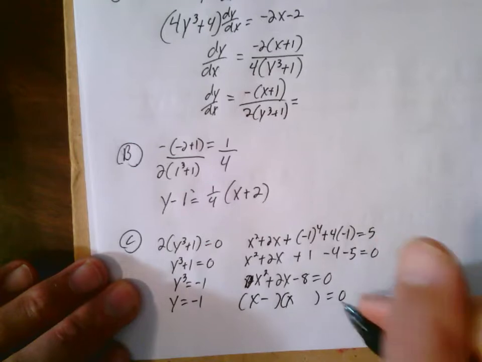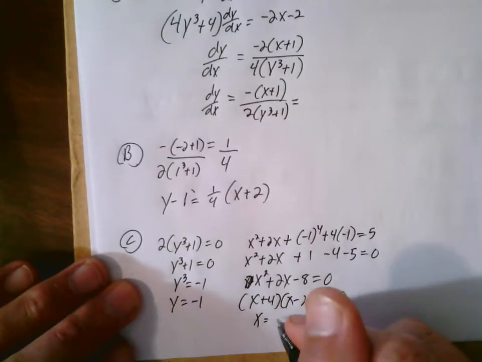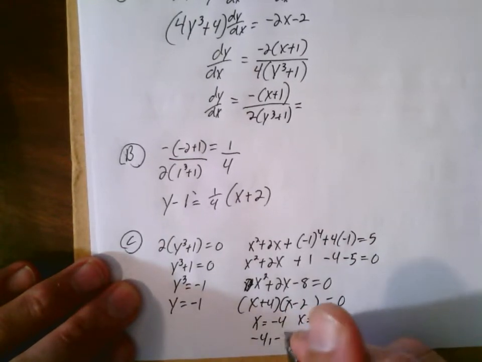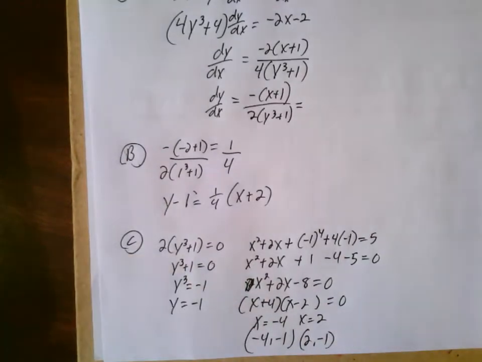This factors into x plus 4 times x minus 2, so x must be equal to negative 4 and x must be equal to positive 2. Negative 4, negative 1 is one coordinate, 2, negative 1 is the other.